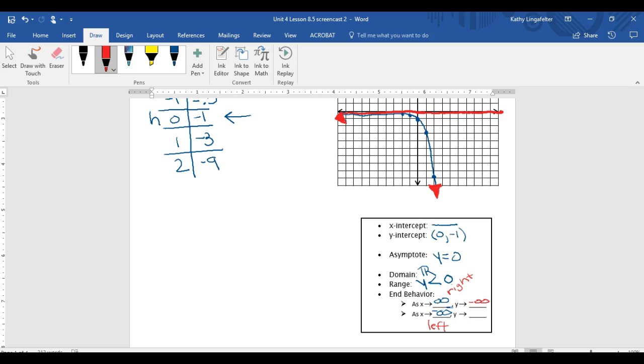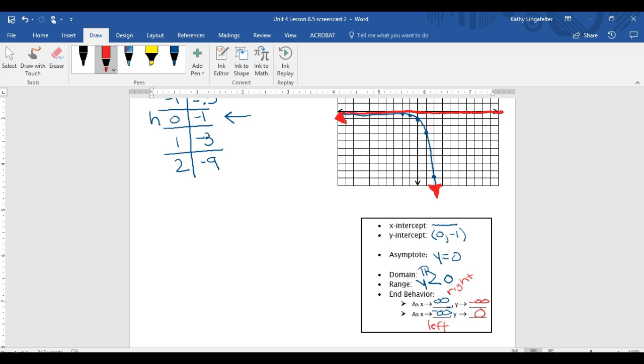So as x heads off in the negative direction, this graph gets closer and closer to 0. So as x heads off to negative infinity, y is approaching 0. Every ordered pair, as you move to the left, gets closer and closer to the bottom of the asymptote, but never quite reaches 0.